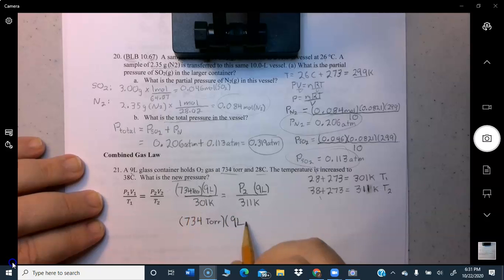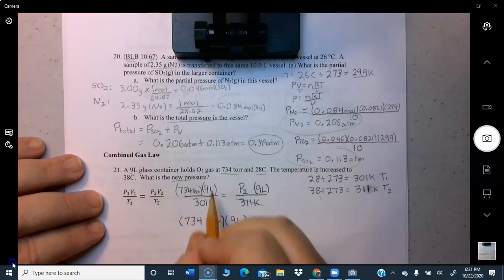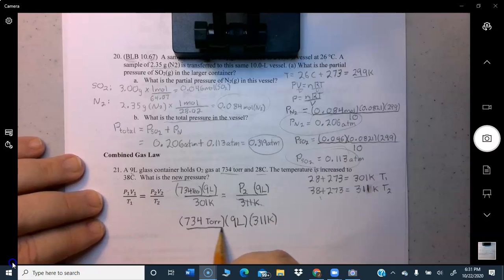So I just copied these two. Now I've got to multiply top and bottom of both sides by this, so this is going to cancel out. It's going to end up there. And then down on the bottom we have 301 K here. Okay, and then we've got to divide both sides by this, so this one cancels on this side. You're left with only P2, so that puts the 9 liters there.